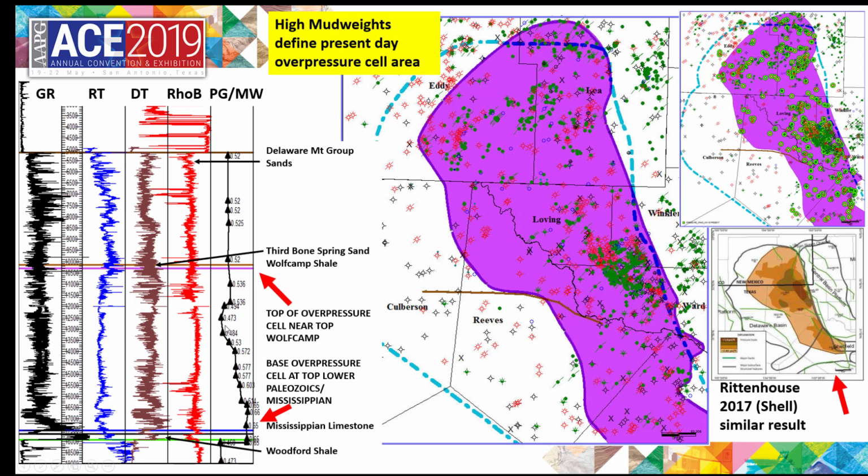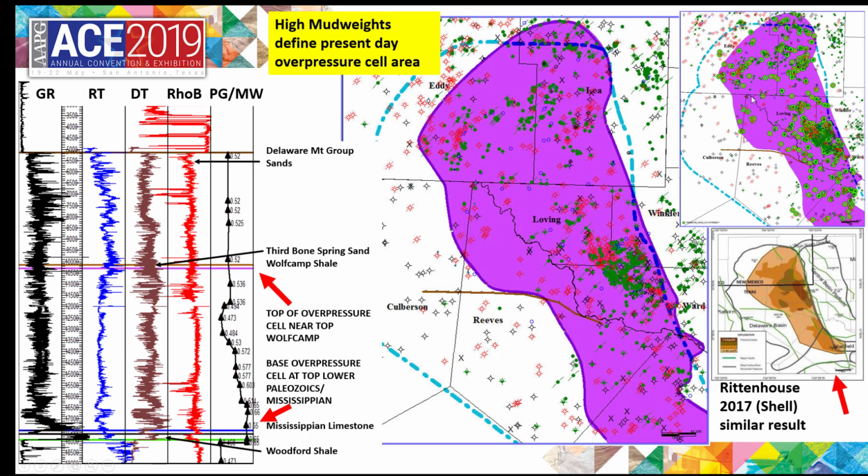At this point in this well, they got down to a 0.47, but here they're up at a 0.536. So at this point this Gulf Hayman well was drilling underbalanced, and then they went up to a pressure gradient down here of about 0.65. So the top of the overpressure cell is right about here. The base of the overpressure cell is at the top of the Mississippian line.